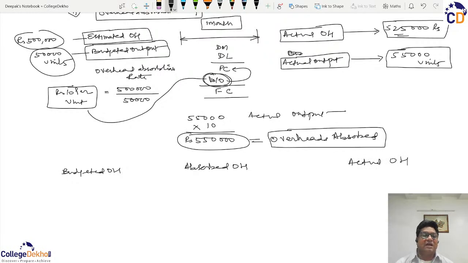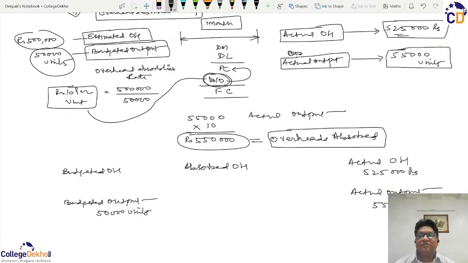And this difference has been primarily due to the budgeted output. The budgeted output, which was 50,000 units, is not tallying with the actual output, which in this case has increased to 55,000 units, whereas the actual overheads incurred were 5,25,000.